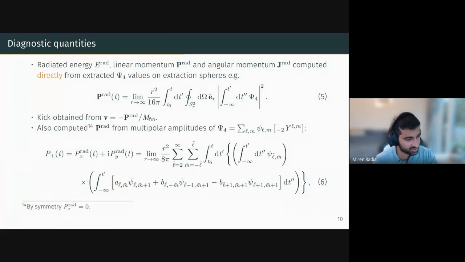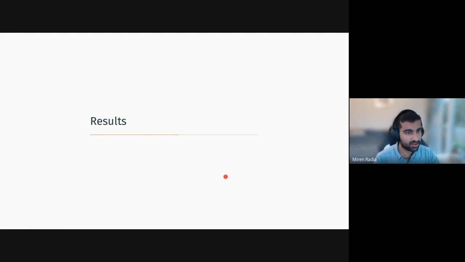The details of this formula are kind of unimportant, but what should be noted is that the contribution to each L tilde and M tilde in the sum involves an overlap between different modes of psi4. So you can see here we've got L -1, M +1, multiplied by this L tilde and M tilde. So there are lots of different values of mode mixing between psi LM and other values of the multipolar amplitudes. Okay, so now let's move on to the results.